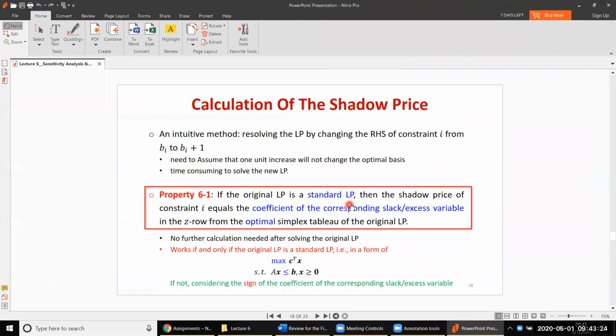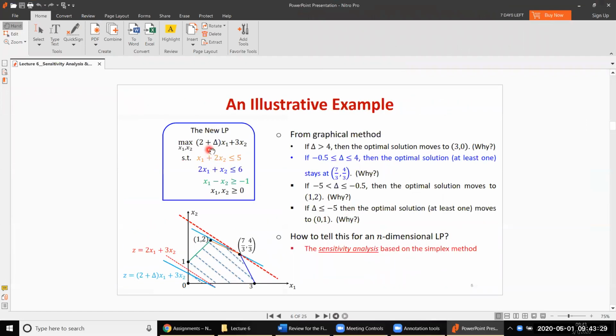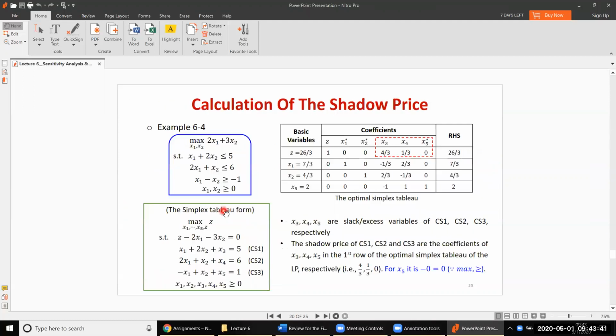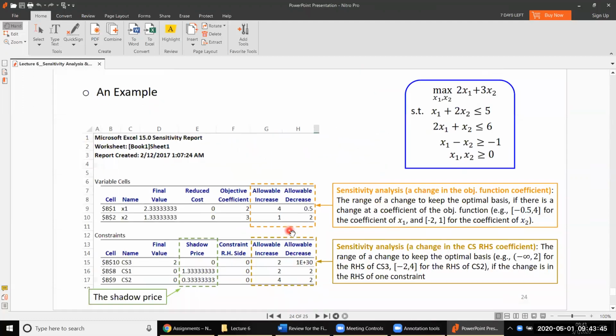For example, I can ask you this. There's a change in the coefficient of x1, and I ask you to use Excel to solve how large this change is allowed to be. Now you need to tell me this. First of all, you need to show me this table, which is the sensitivity analysis report.